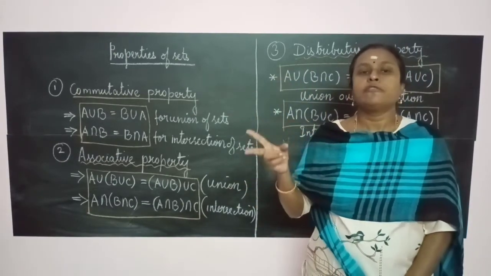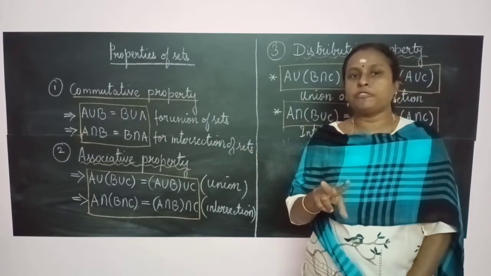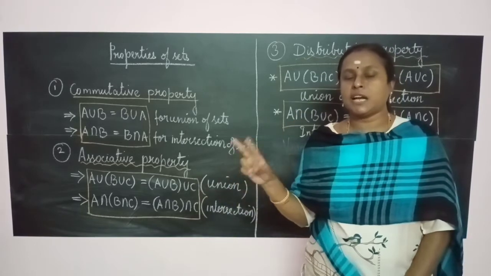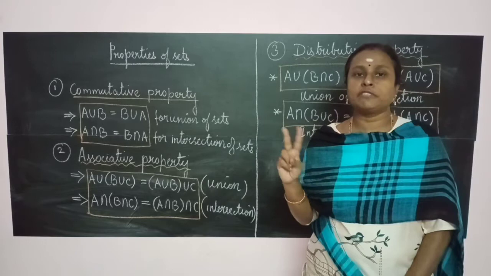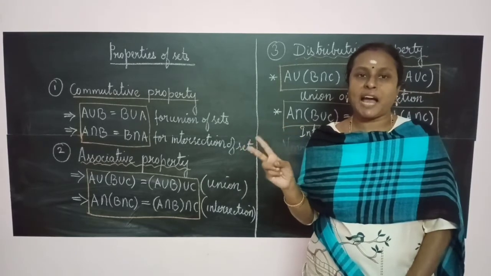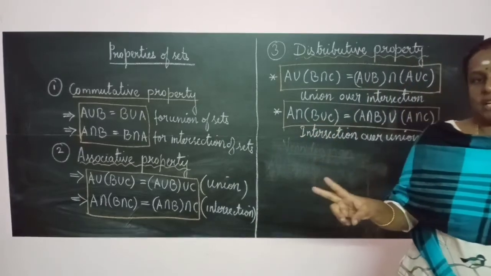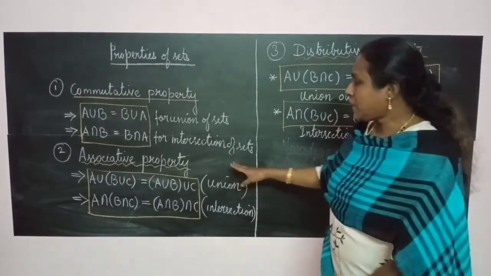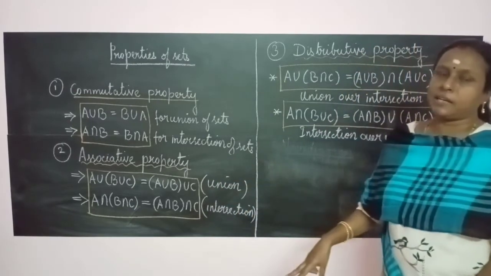It comes for A and B, or B and C. First you put it for A and B, next it will be changed to B and C. If you change the position of the brackets, we are going to check that the answer won't change. Associative property also comes for union and intersection.